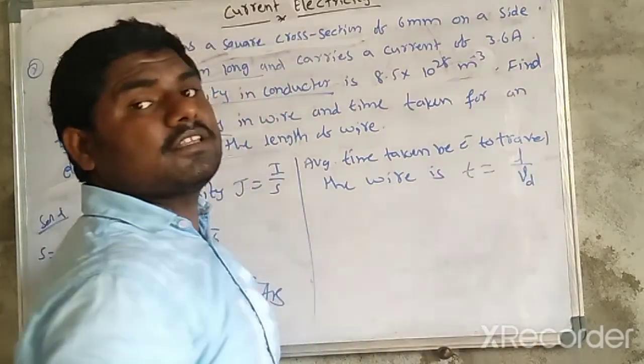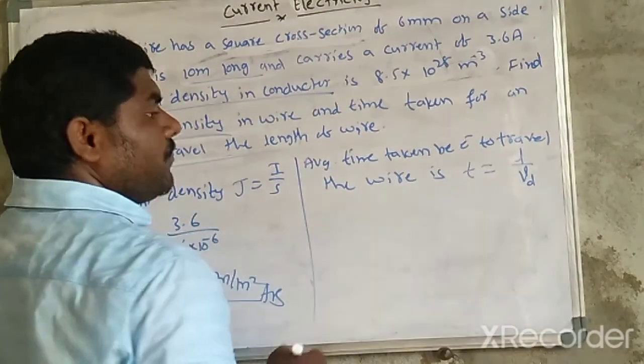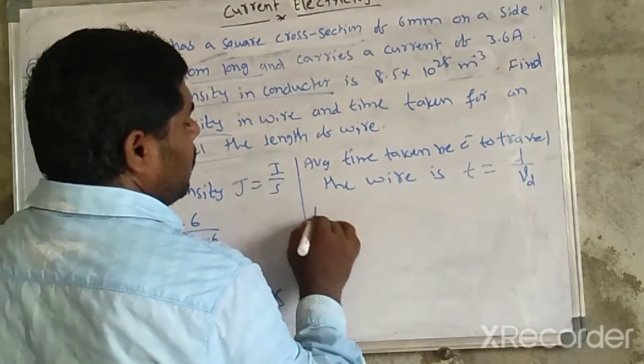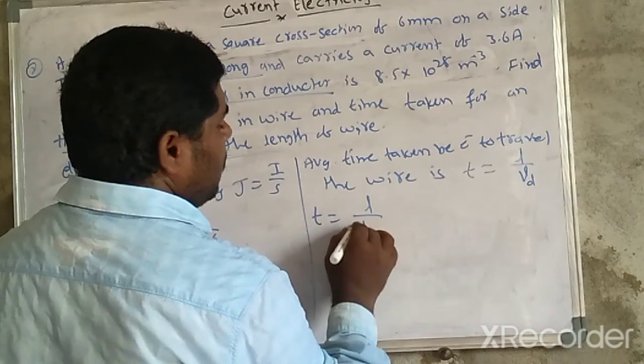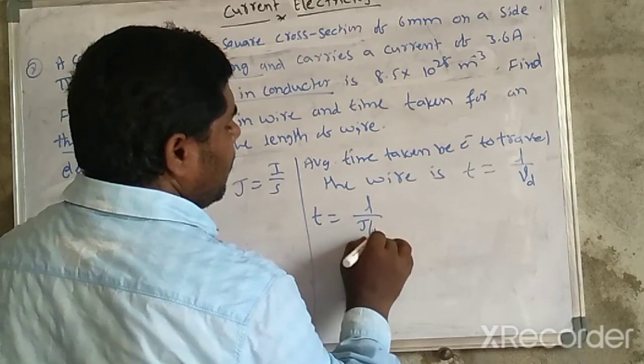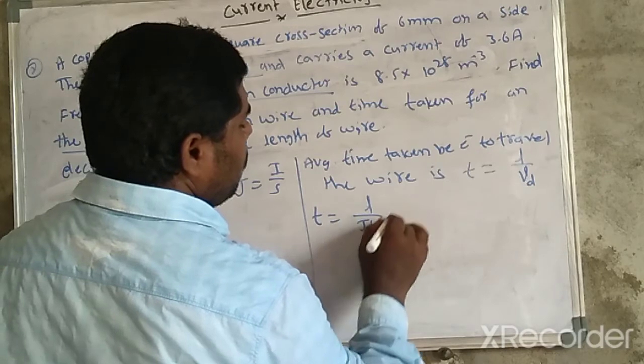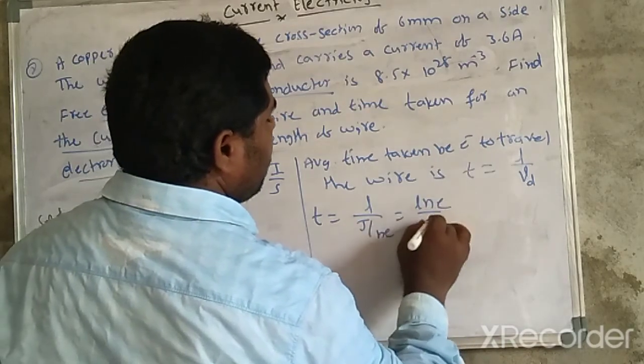This velocity is nothing but the drift velocity. Drift velocity, already we know, T is equal to L divided by J upon nE. That should be T is equal to L nE divided by J.